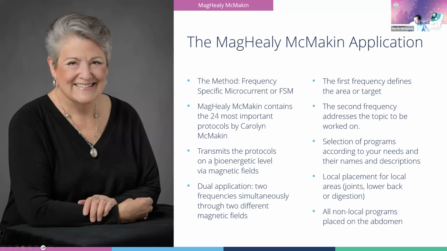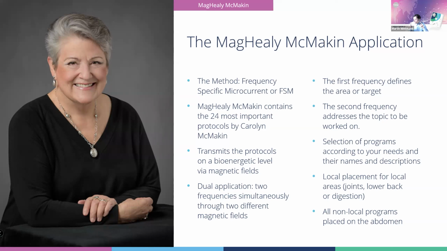And what we also have is, of course, the dual frequencies, and that's special only for the McMakin application. So we're using two frequencies at the same time. The atmosphere programs, the water programs, they only use one frequency. Of course, there are always those frequency pairs in those McMakin programs.